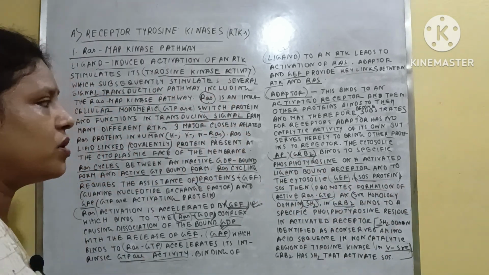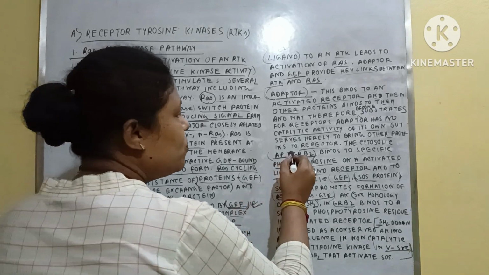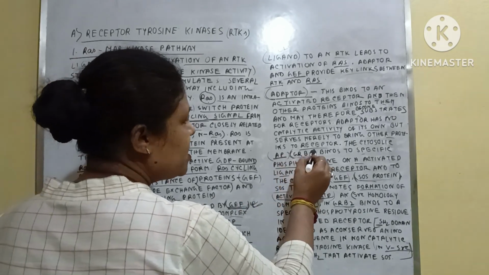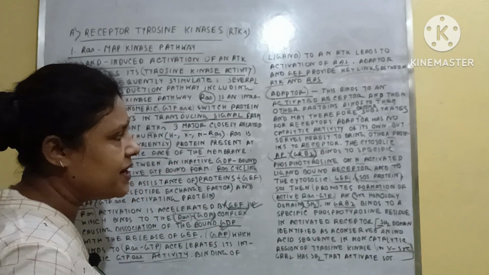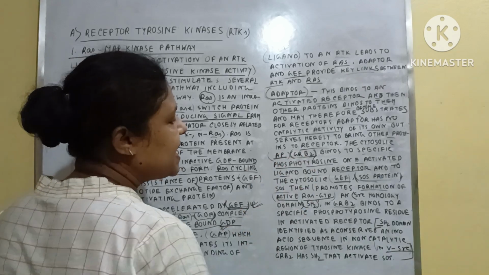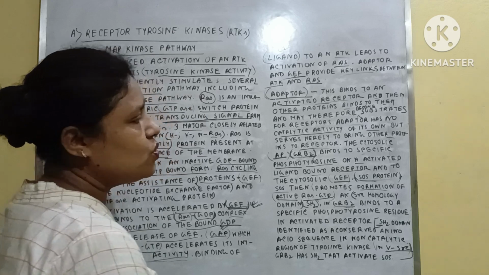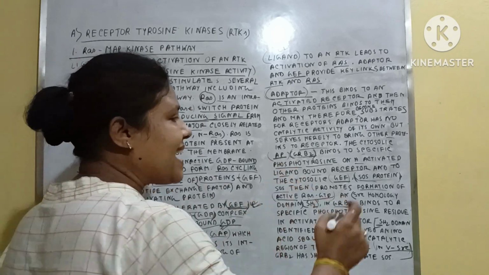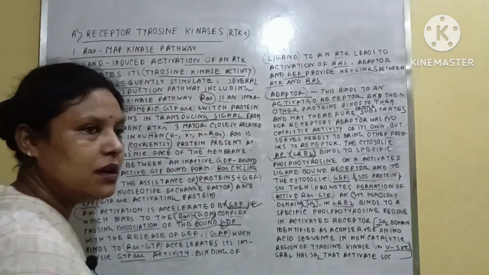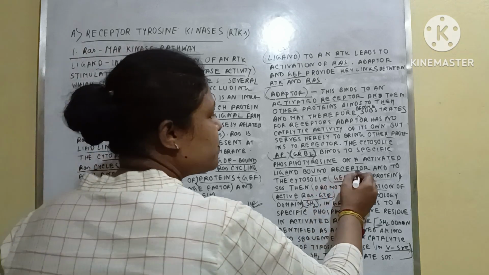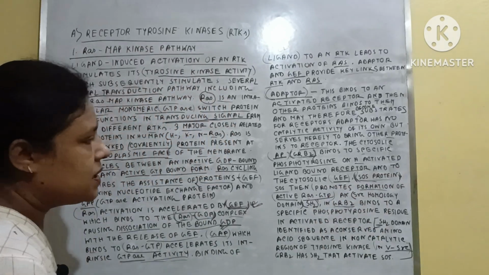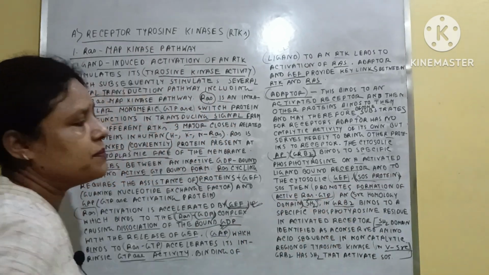These are very important. Why is GRB2 important? If GRB2 is bound with the activated receptor, it contains SH2. And what is the role of SH2? This actually activates the SOS protein. Clear? This SOS protein activates RAS-GTP.